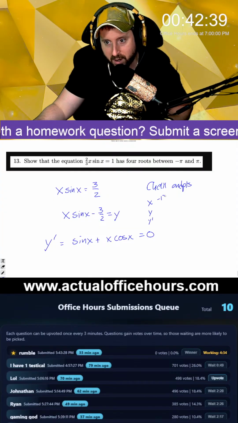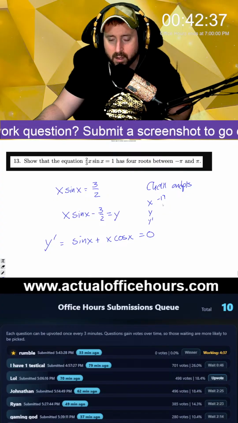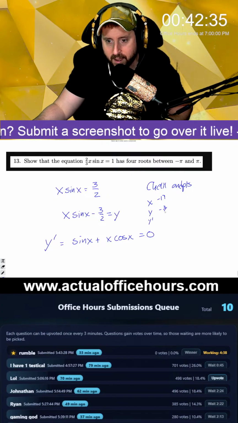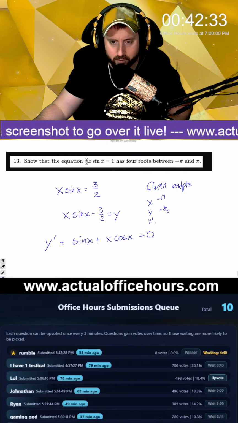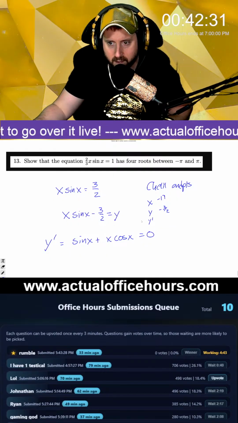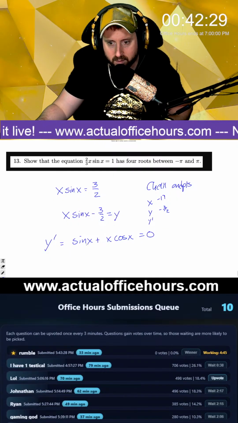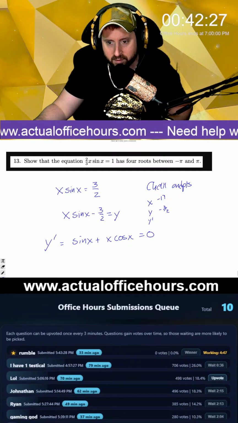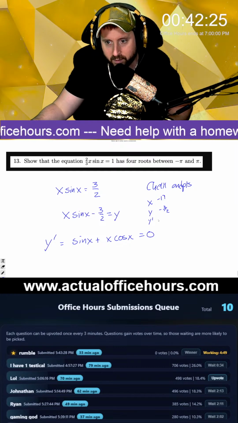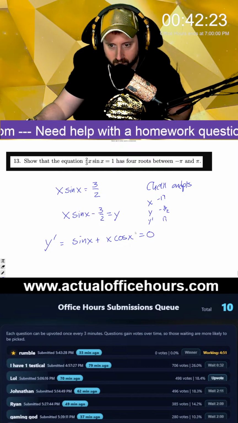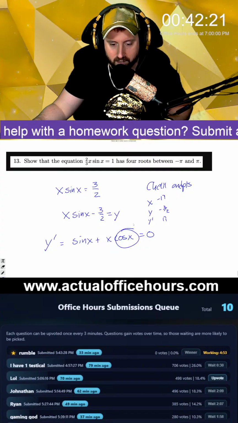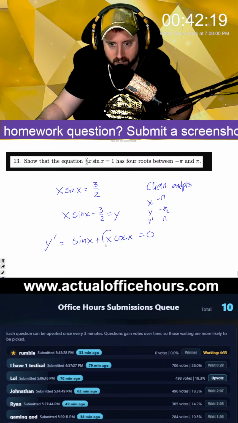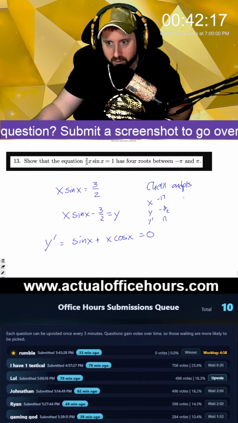Okay, so at negative pi I have negative 3/2, and then the derivative at negative pi is going to be equal to pi, right? Because cosine of negative pi is equal to -1, but then -1 times negative pi is going to be +1.